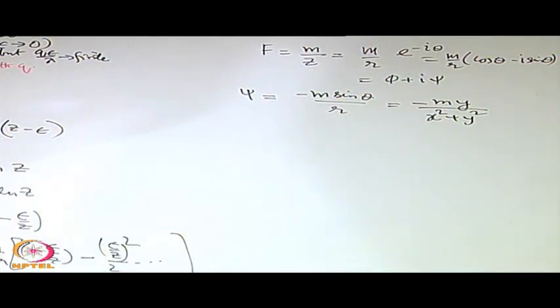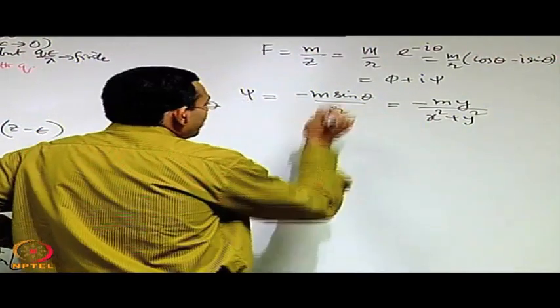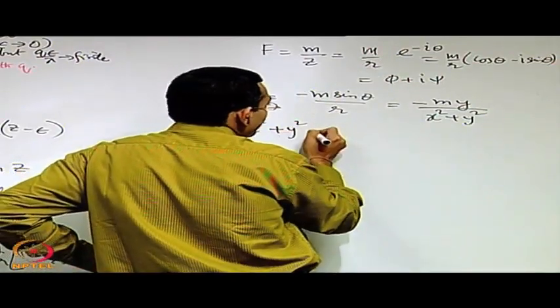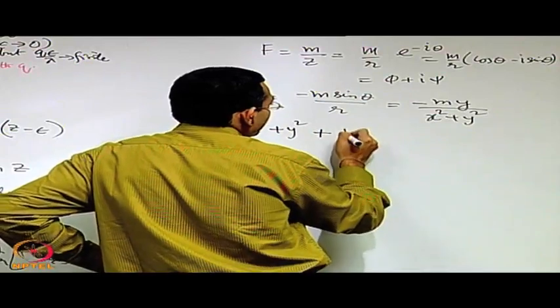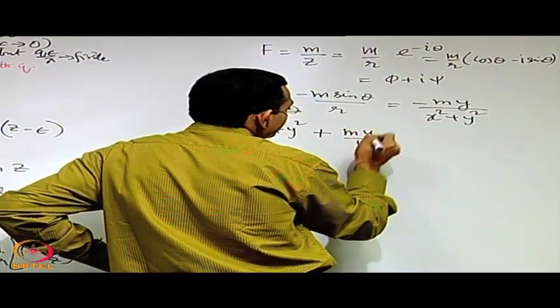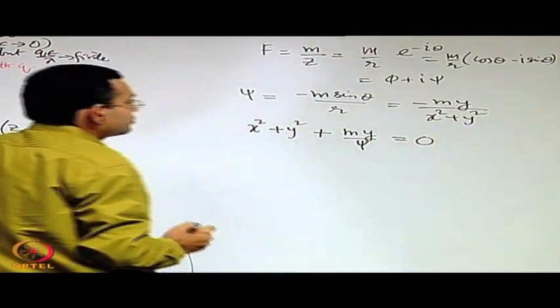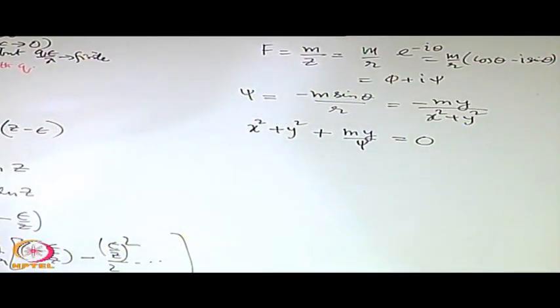So if you want to identify the streamlines, the psi equal to constant lines, you can easily do that by noting that x square plus y square plus m y by psi is equal to 0, right.